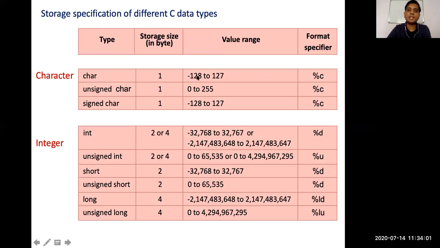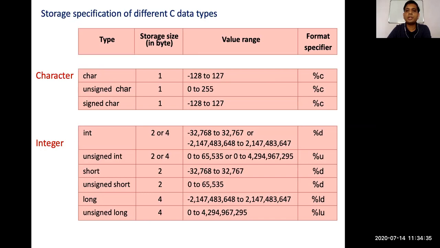So why only 127? Because 1 byte is 8 bits. In 8 bits, what is the maximum number we can store? It is 2 raised to 8, which is 256, so 0 to 255. But here only 127 is there, half of it. Why? Because by default the character variable is a signed character. Signed character means we can store positive values and also negative values.